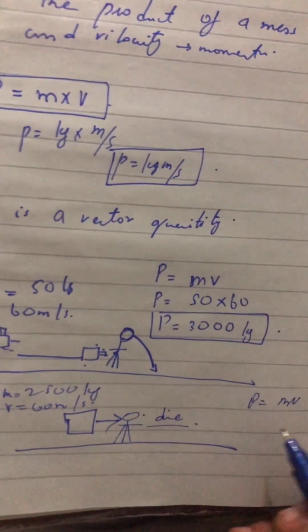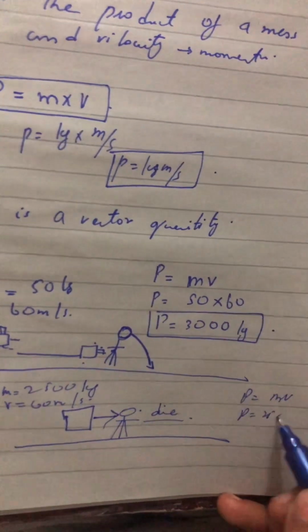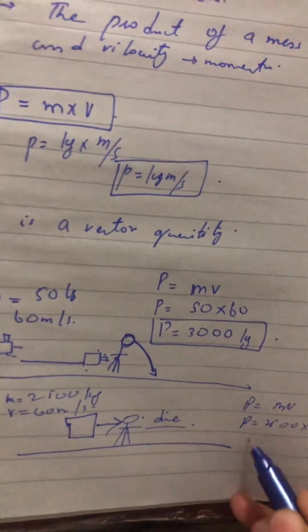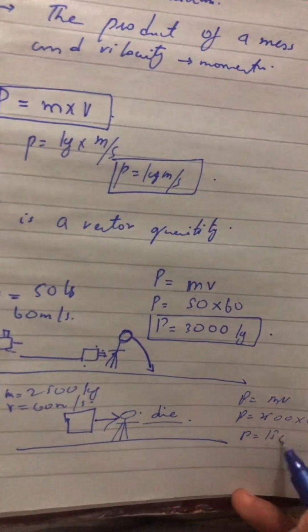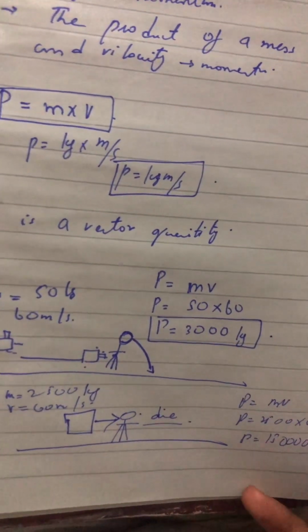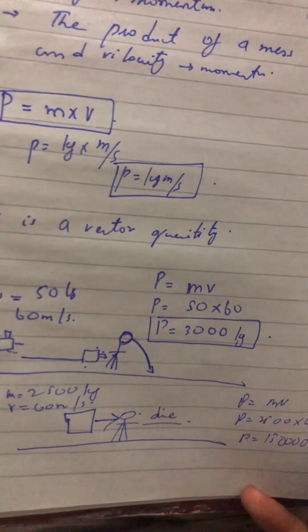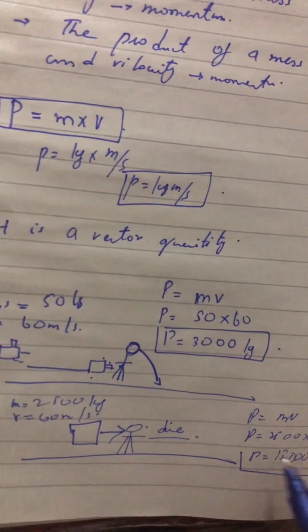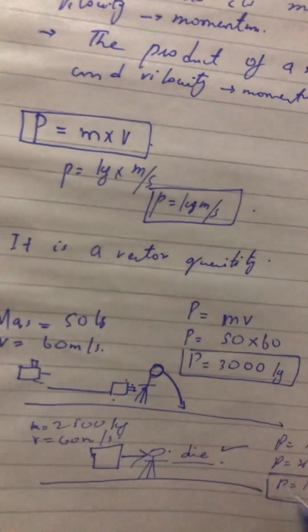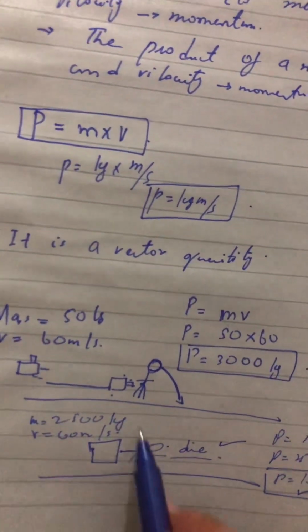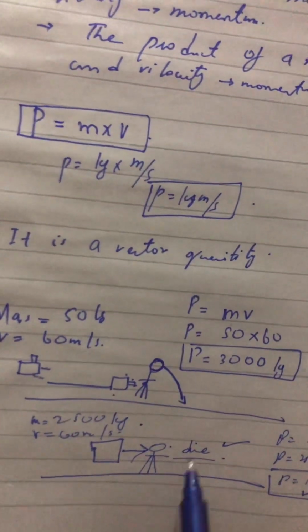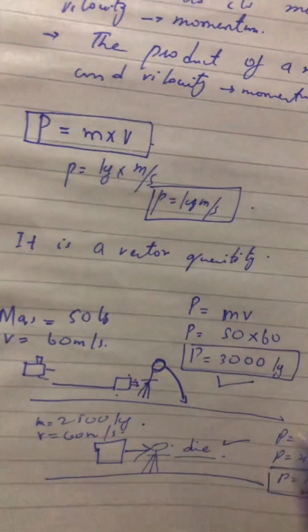That is mv. So P is equal to 2500 into 60, which is equal to 150,000 kg meter per second. Why did this person die? Because the momentum of this one was high, and the momentum of the bicycle was low.